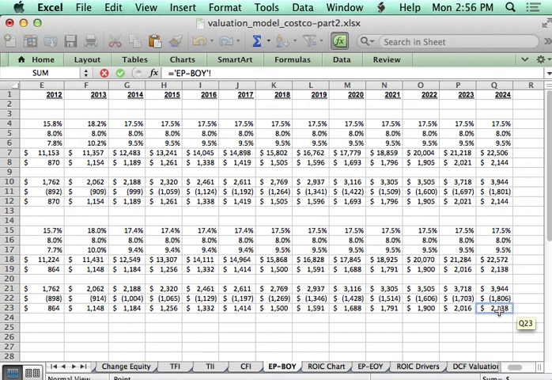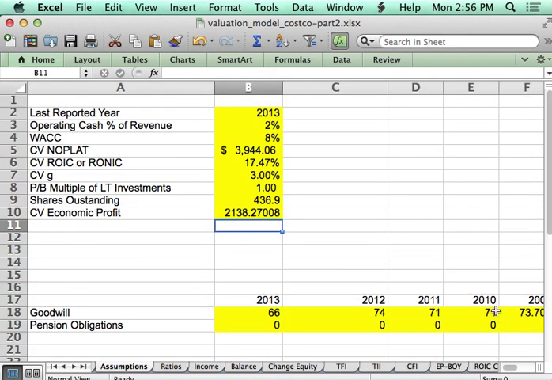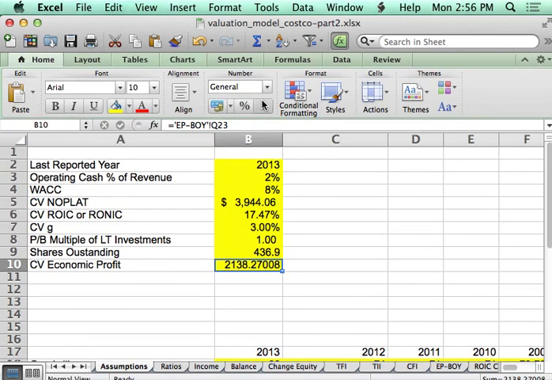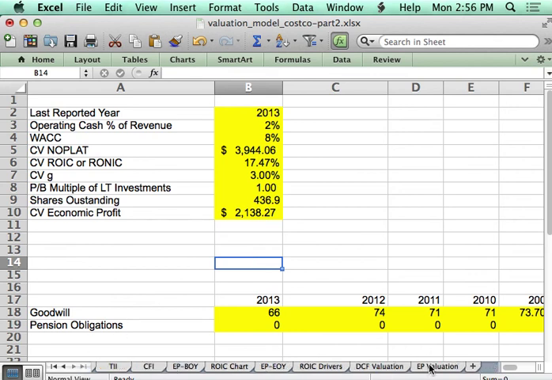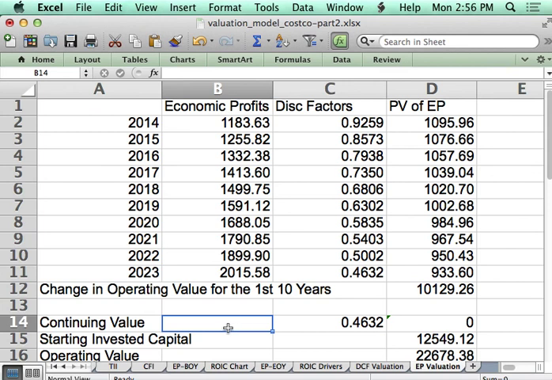So Q23. All right. And I might do a little formatting here because that's currency, so I can switch that to currency. All right. So I'm now ready to do my formula. So I'm going to go back to my EP Valuation tab and start putting in the formula.